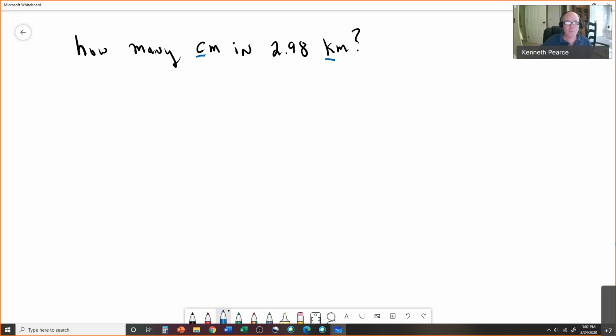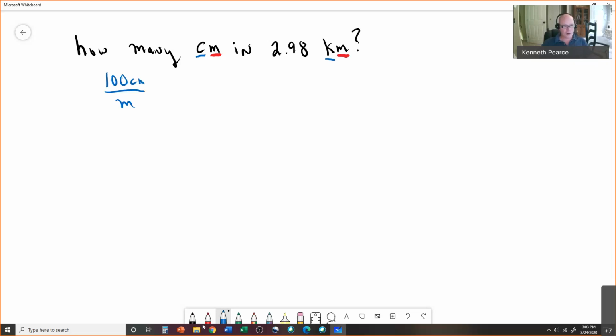And so what I do with this sort of thing is we start with the base unit and the prefix for both of them. So the base unit is a meter, and the prefix is centi and kilo. And if I know my prefixes, and we should memorize them, then we would say that there are 100 centimeters for every meter, and I go ahead and write this as a fraction.